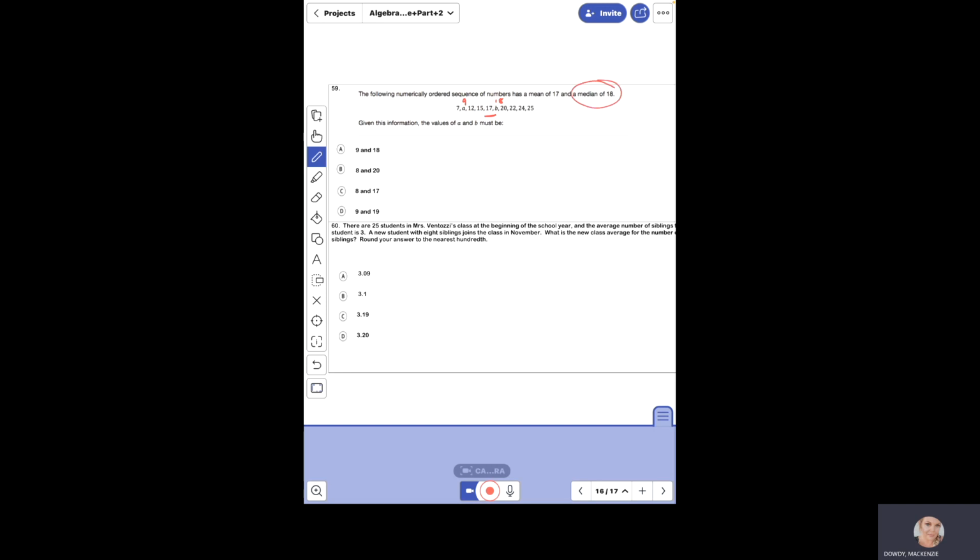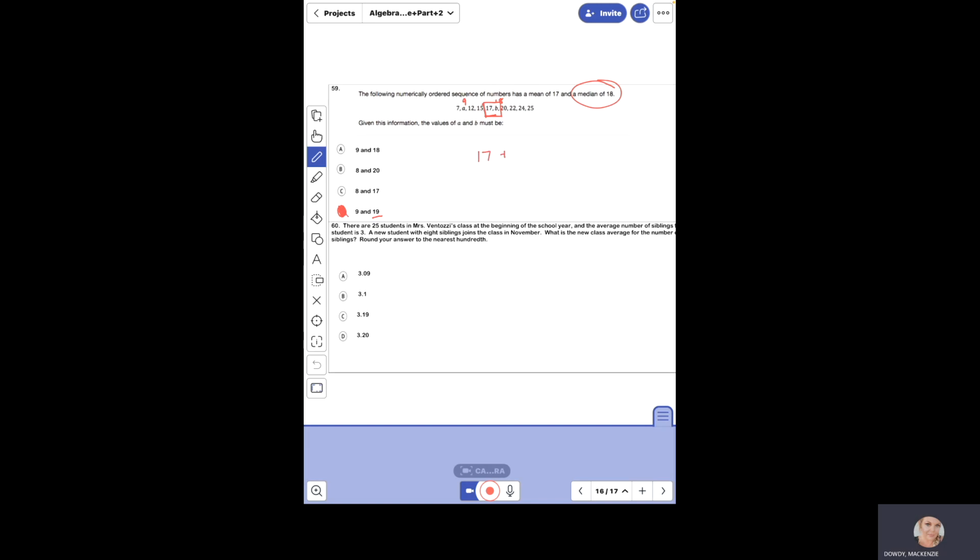So if one of the middle numbers is 17, it only makes sense that B is 19. The only one that has B is 19. This is saving you a whole lot of work. The answer is D.